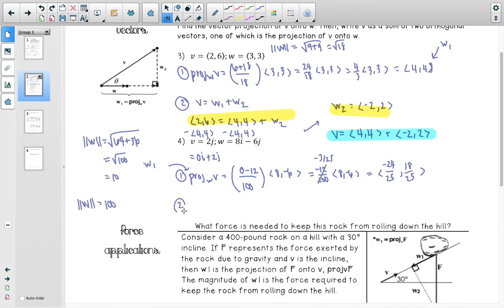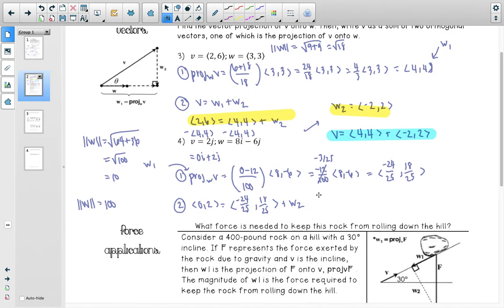And then the second step is you would do this whole V equals W sub 1 plus W sub 2. So we know what V equals. V equals 0, 2. And W sub 1 is negative 24 over 25 and 18 over 25. And we need to find W2. So you would subtract this over.